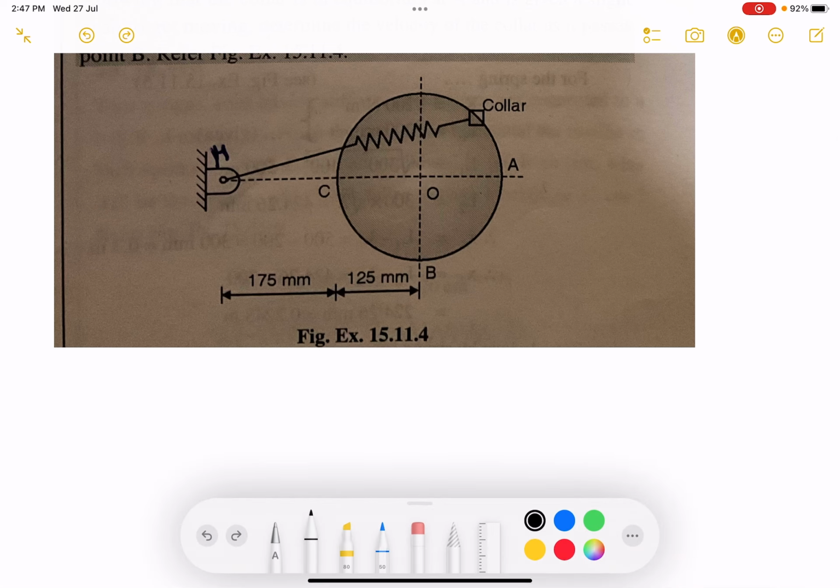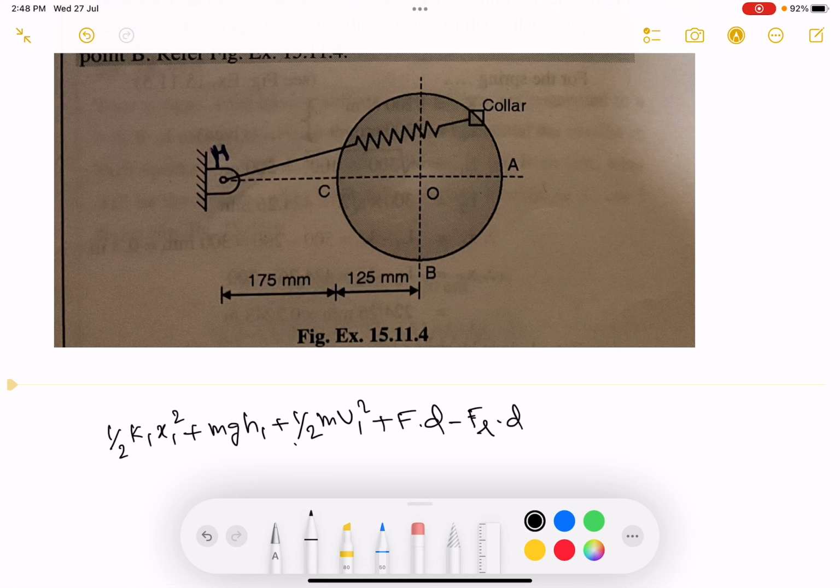So I'll write a general expression between A and B. At A there is some spring energy, so I write half K1 x1 square, plus there could be potential energy, plus there could be kinetic energy, plus some work done by the external force, minus some frictional energy which is eaten away by the frictional force.